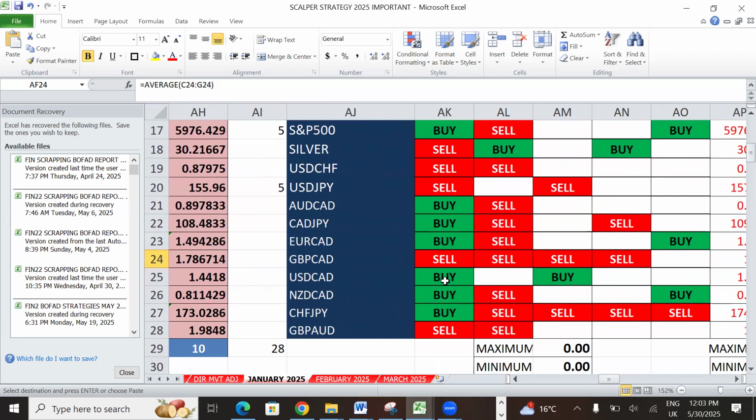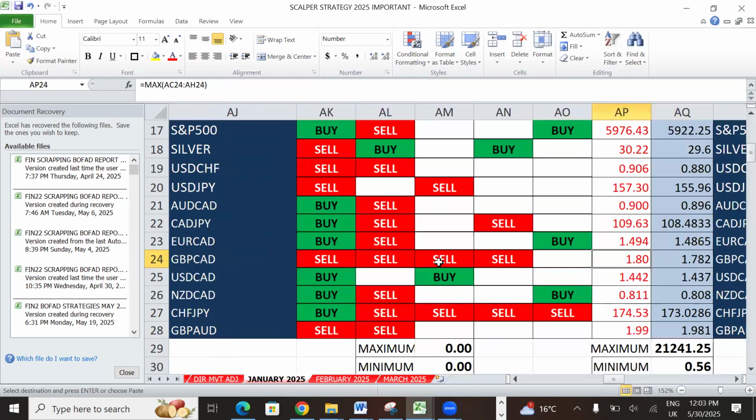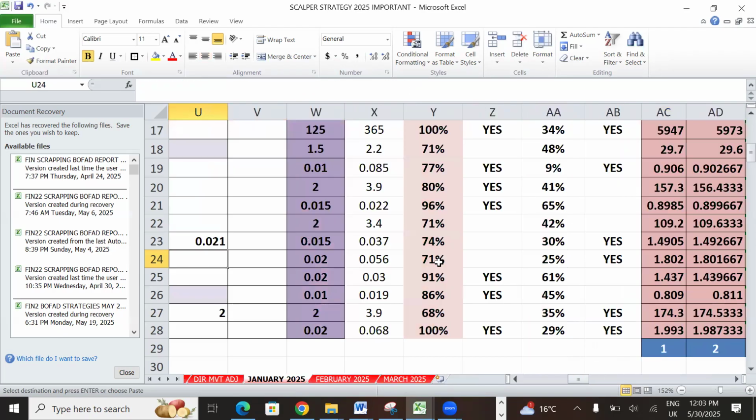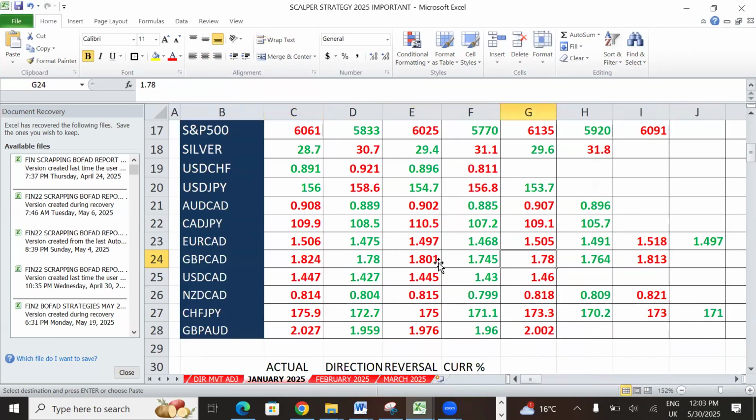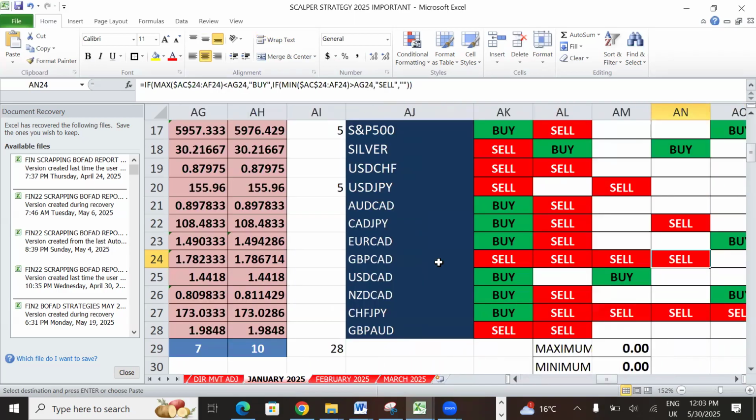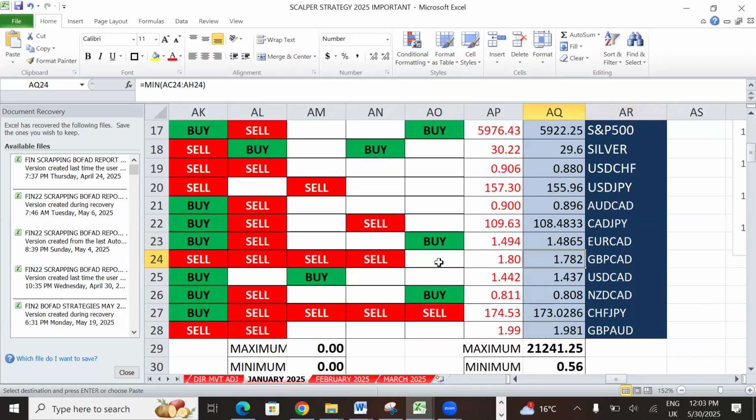So let's look at GB card, like we said. So what you sell. So it means the price is 1.8, 1.782. So the high price, as you can see, as we said before, 1.8, you see, and it came down to as low. Our buy point was 1.782.